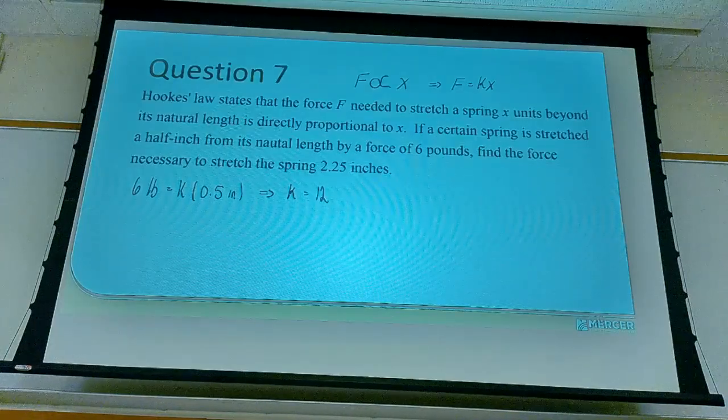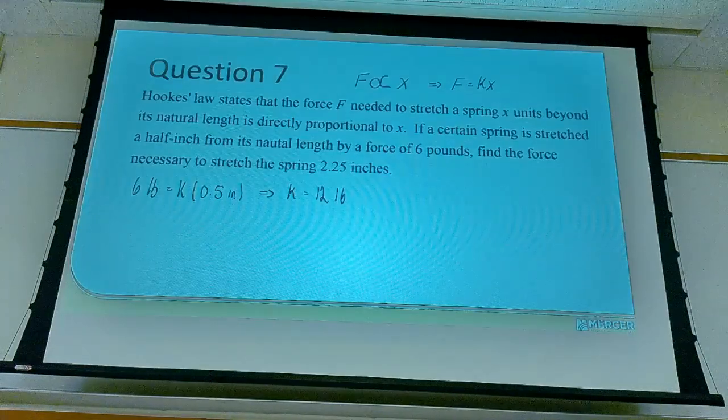What are the units? Pounds per inch. But we don't typically write that. We won't say pound per inch because this is not a rate of change.